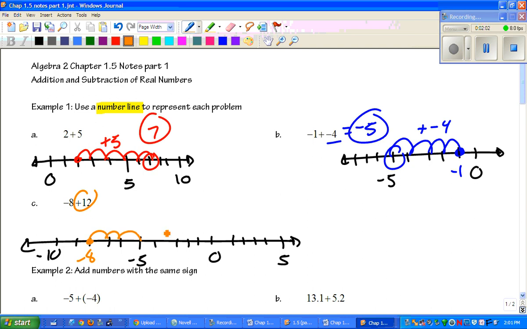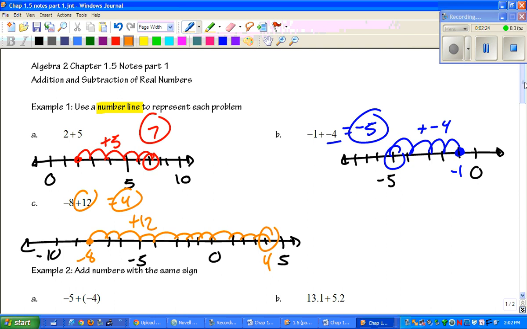So 1, 2, 3, 4, 5, 6, 7, 8, 9, 10, 11, 12. So we added 12 and we get a positive 4. Okay, so that's how we use a number line to show how to add.